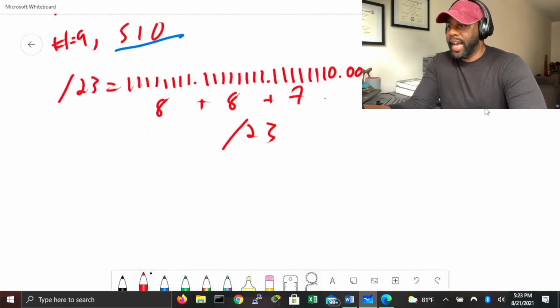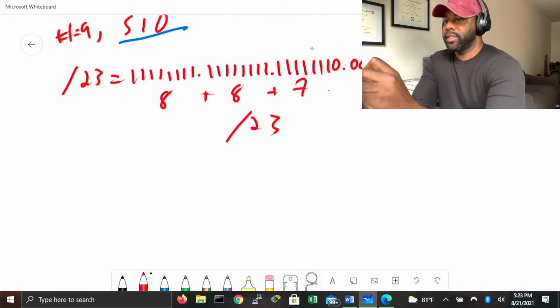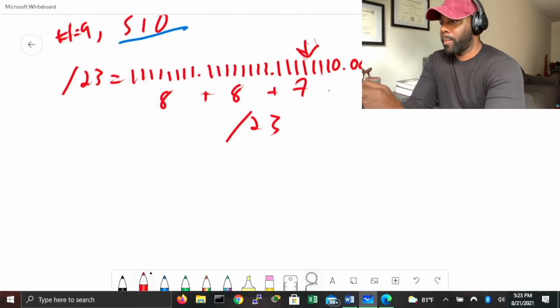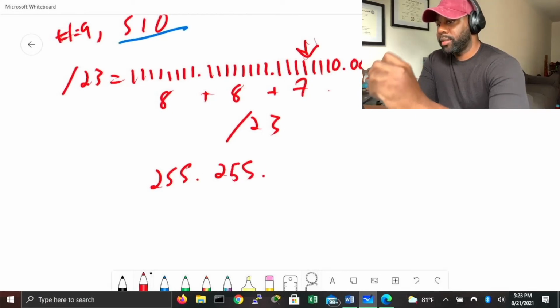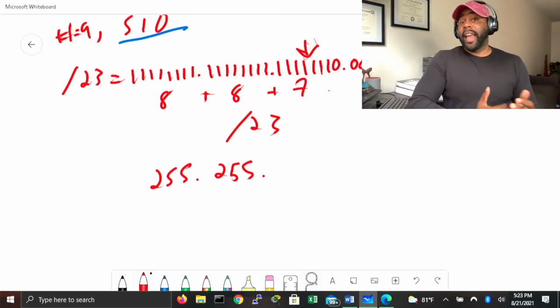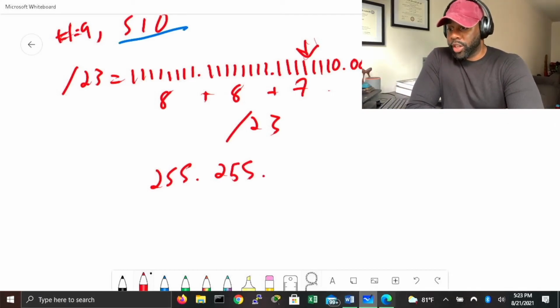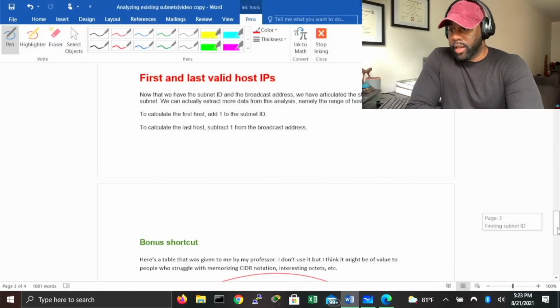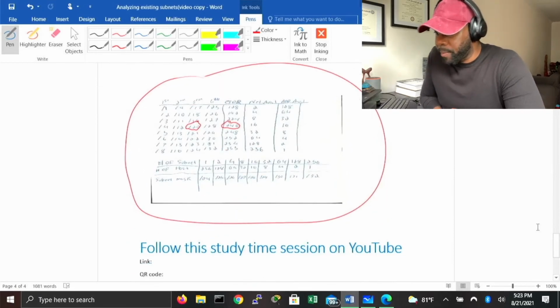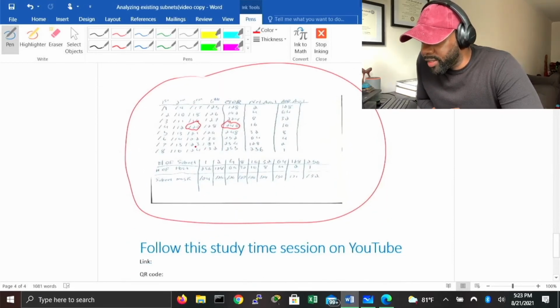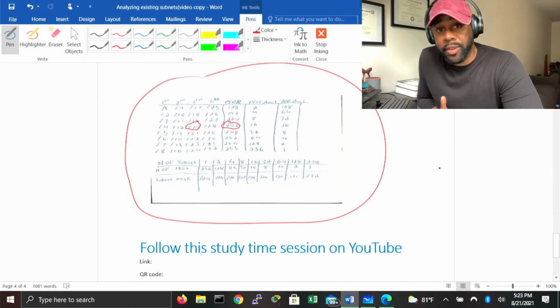But now, what is the actual mask for it? What does this convert into? We know that this is 255.255 dot what? I like to count on my hands, but let's go to the chart that my professor used. /23 is in the third octet, so it's 254.